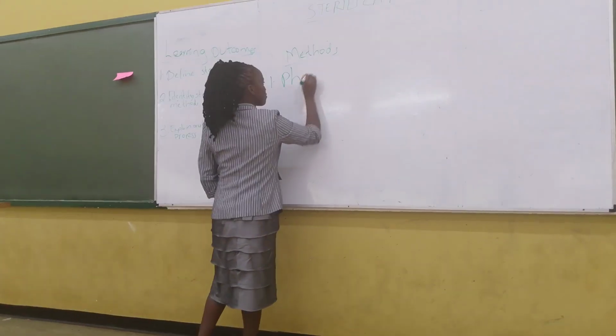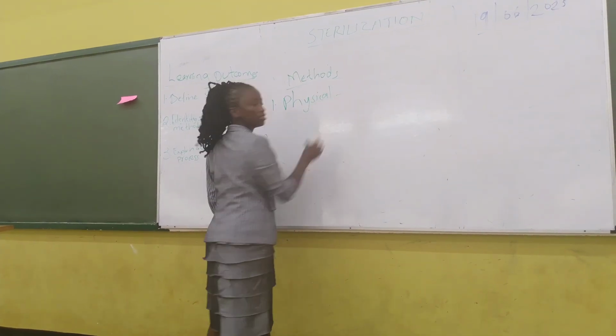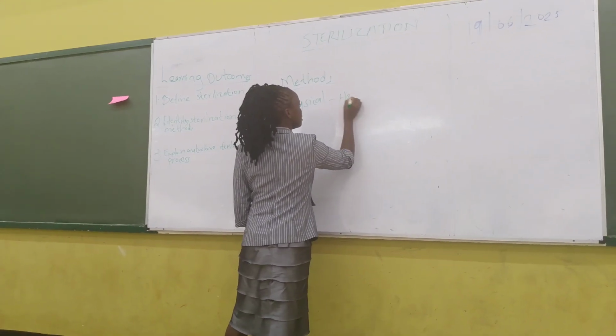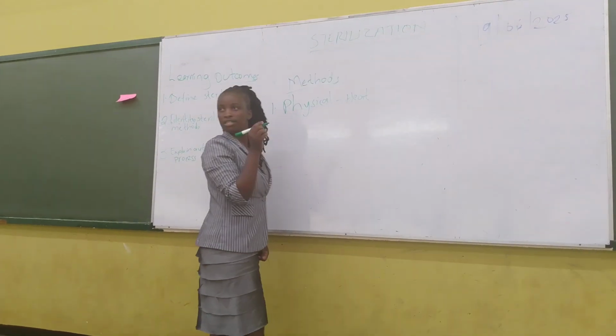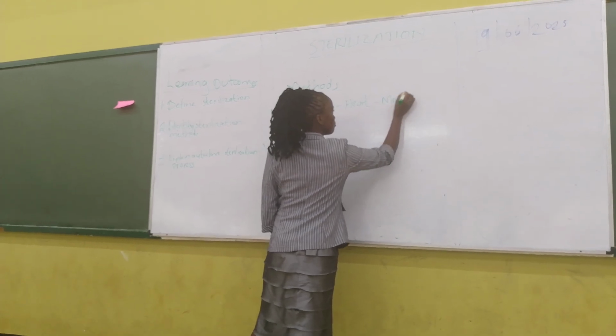In our group, we have classified sterilization into physical and chemical. Yeah, that is correct. In the physical, we see that you can have heat, where you can autoclave or you can incinerate.